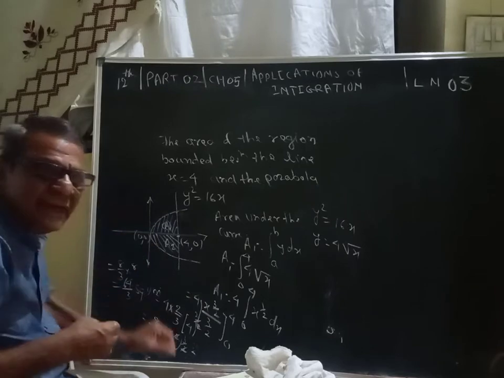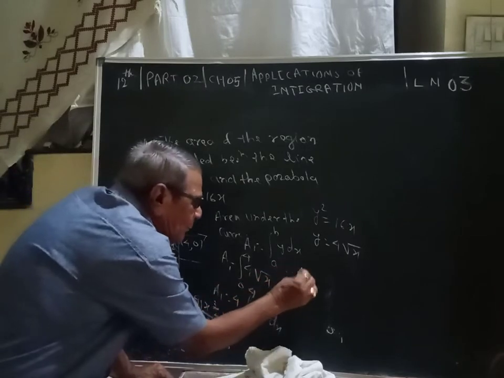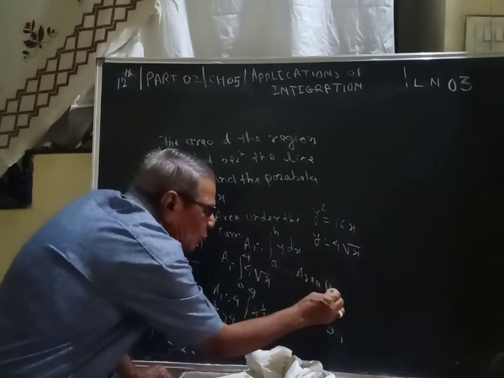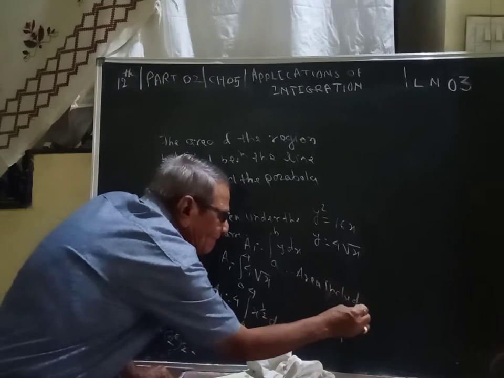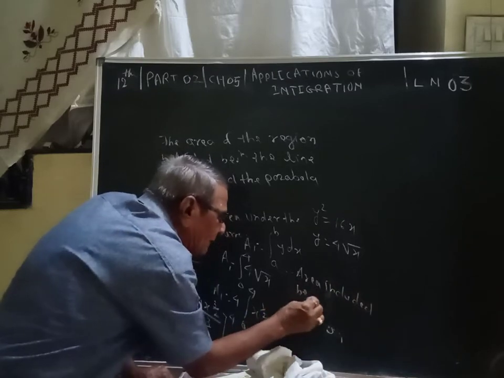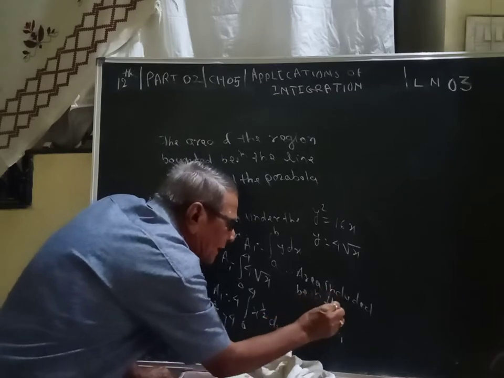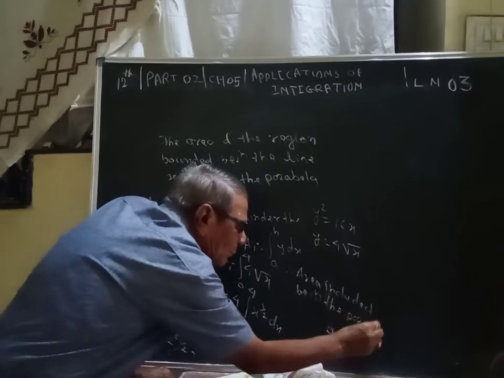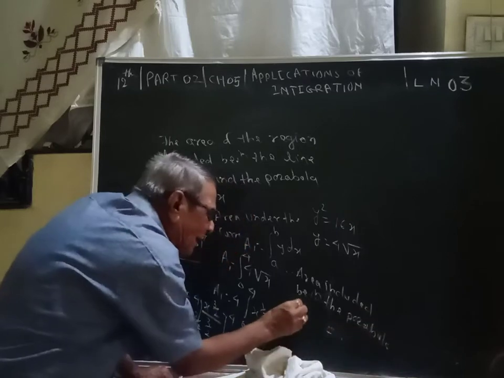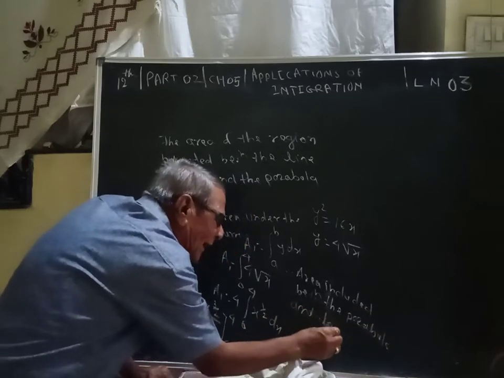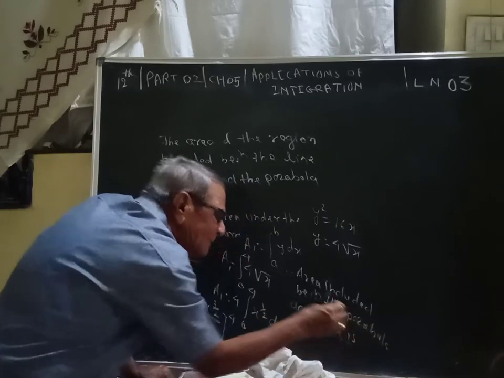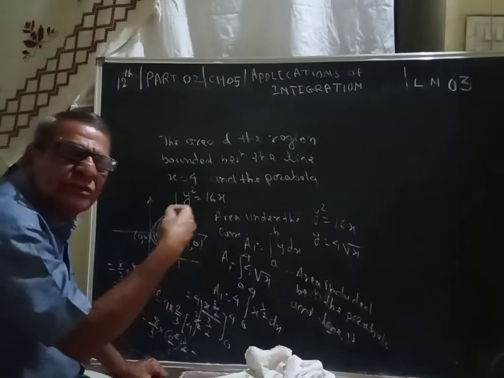And therefore area included between the parabola and line is, what is this? We will have to make it double.